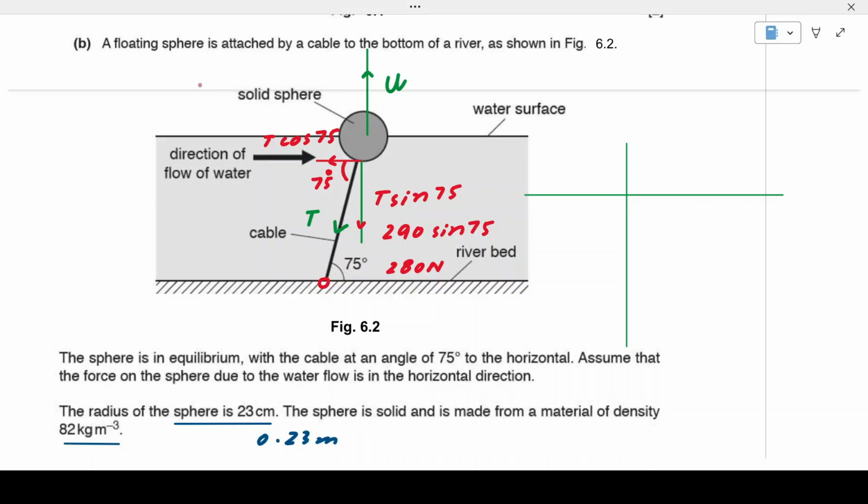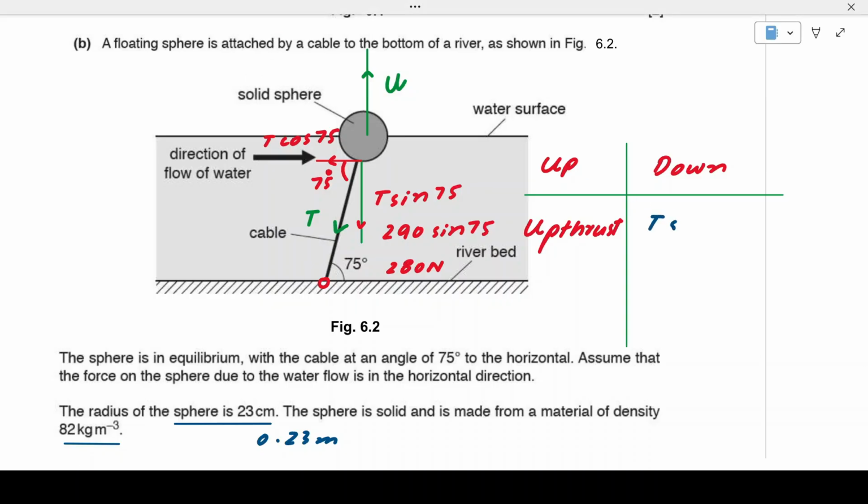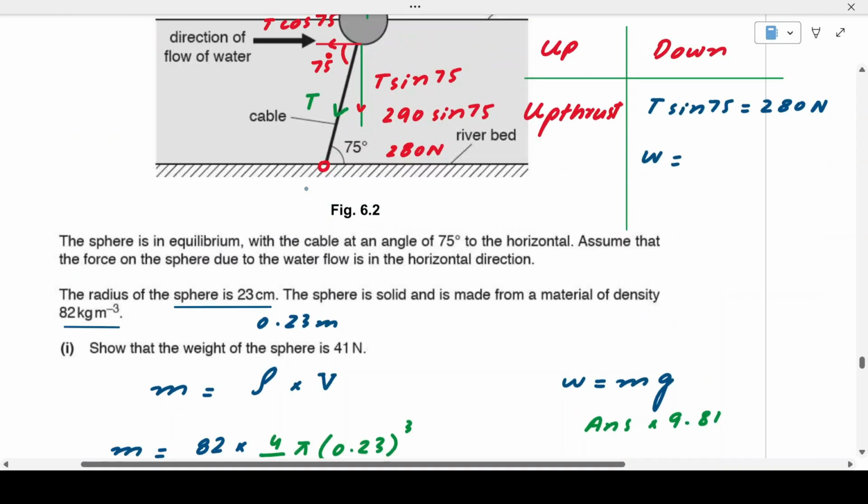Since it is at rest, upward forces will be equal to the downward forces. So the only upward force is upthrust. But downward, we have two forces. One of them is T sine 75, which was 280 Newton. Another vertically downward force is the weight of the sphere, which is 41.